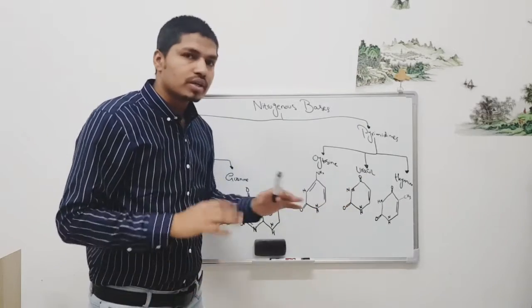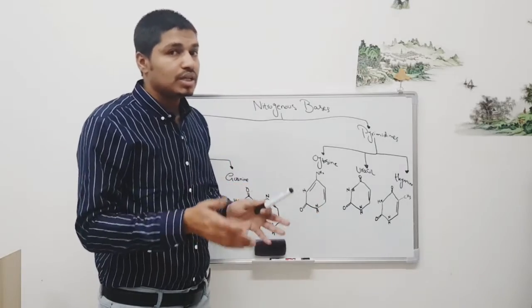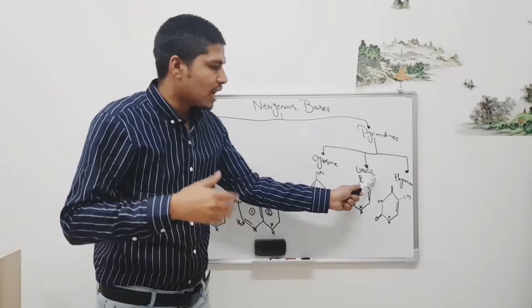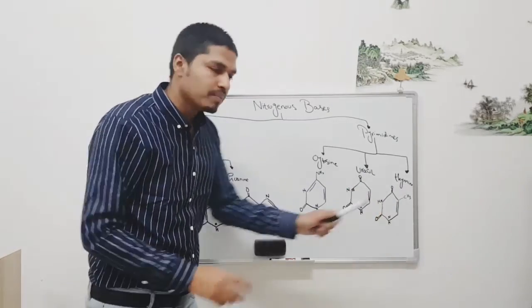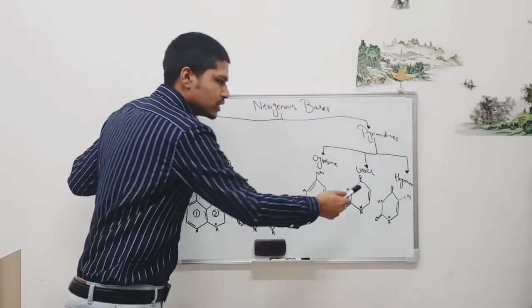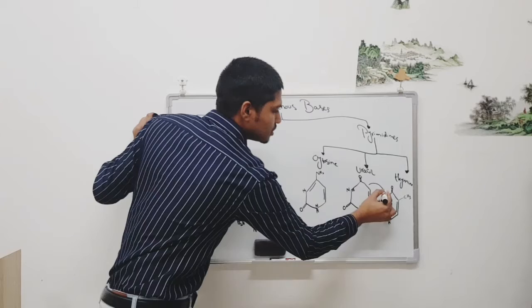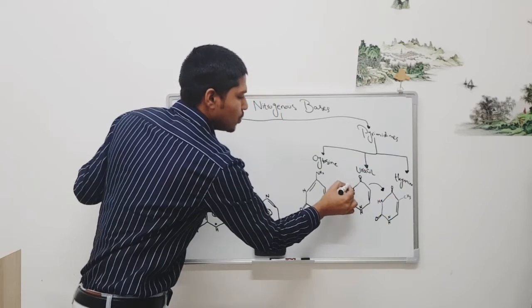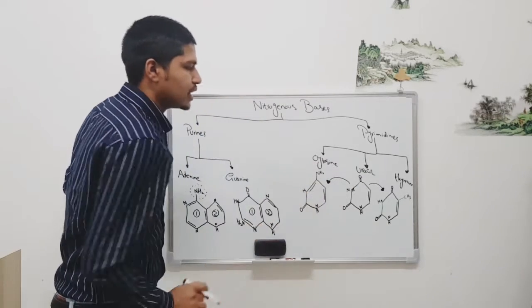So you cannot incorporate uracil directly into DNA. You first have to convert the uracil into thymine, or you can convert the uracil into cytosine.